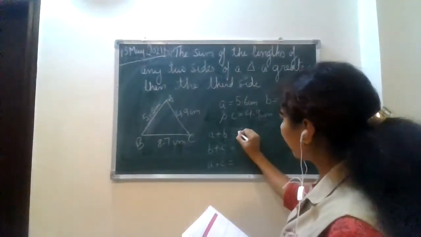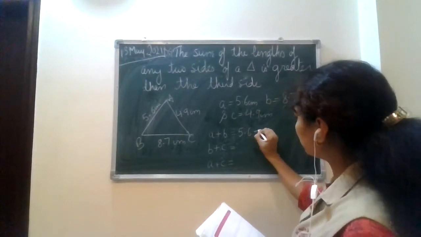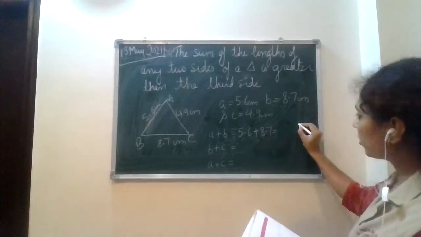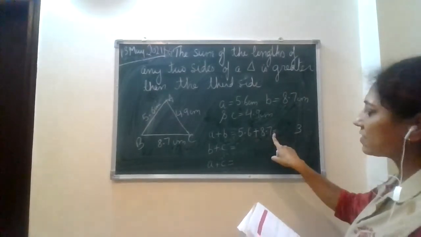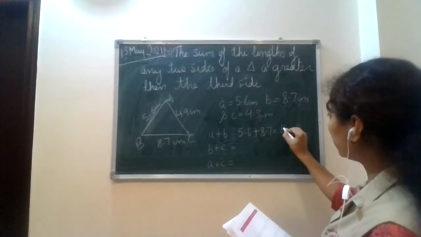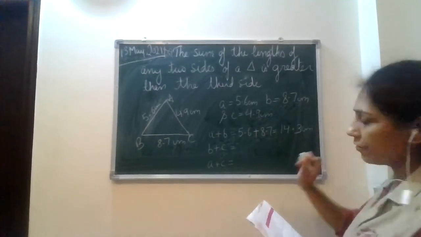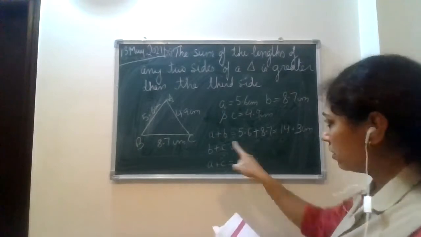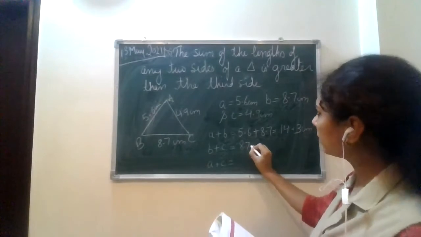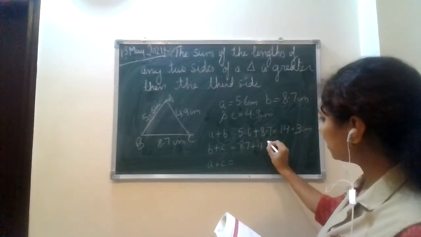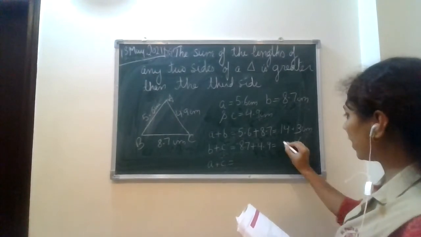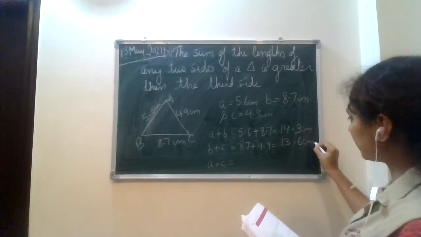So I'm going to input the values: A 5.6 centimeter plus B 8.7 centimeter. We get 6 plus 7, 13, 1 carry, and the result is 14.3 centimeter. Now B 8.7 centimeter plus C 4.9 centimeter: 9 plus 7 is 16, 1 carry, so 13.6 centimeter.